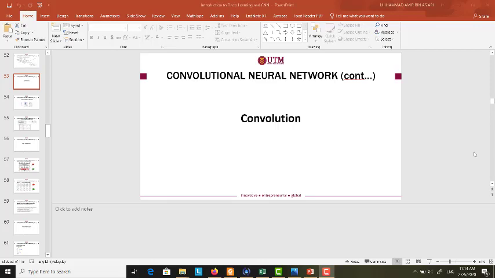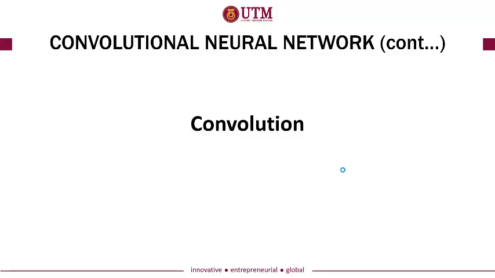in CNN or convolutional network, you will find that the convolutional operation involved in CNN is more to two-dimensional, and it can go up into three-dimensional convolutional operation.